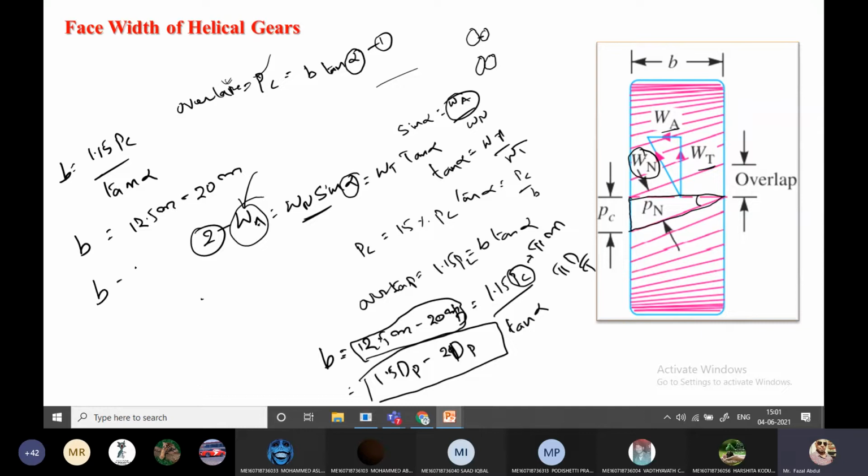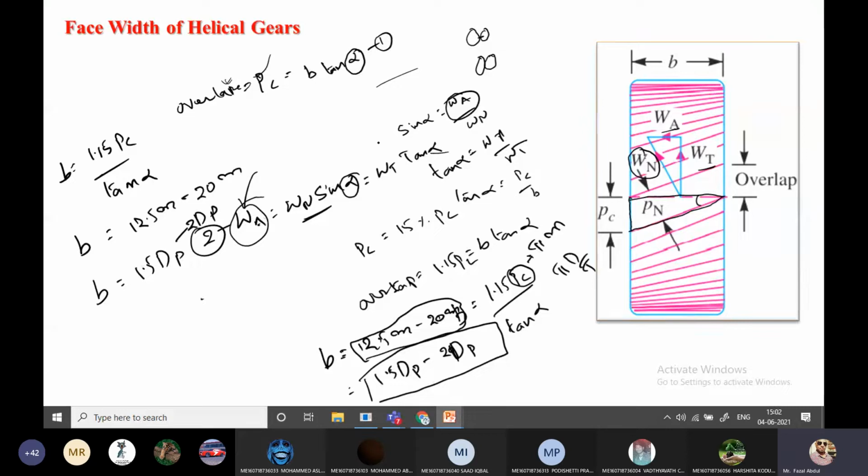Another relation we have is 1.5 dp, diameter of pinion, to 2 dp. These three relations we have to calculate the face width. As per the requirement, as per the given data in the question, based on that we are going to select among these empirical relations or proportions. Okay, so these are all for the single helical gear.